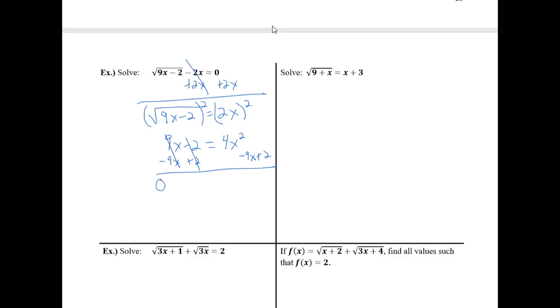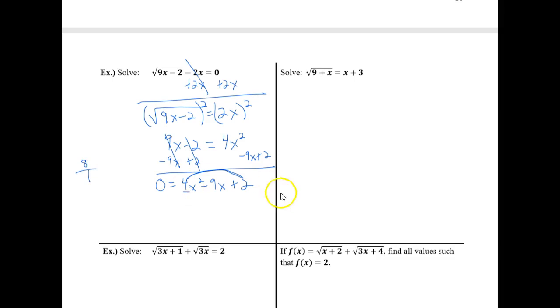Now it's 0 equals 4x squared minus 9x plus 2. With quadratic equations, remember, we get everything on one side and try to factor. To factor this, I notice that the leading term has a coefficient that's not 1. We need to multiply 4 times 2 and get 8.